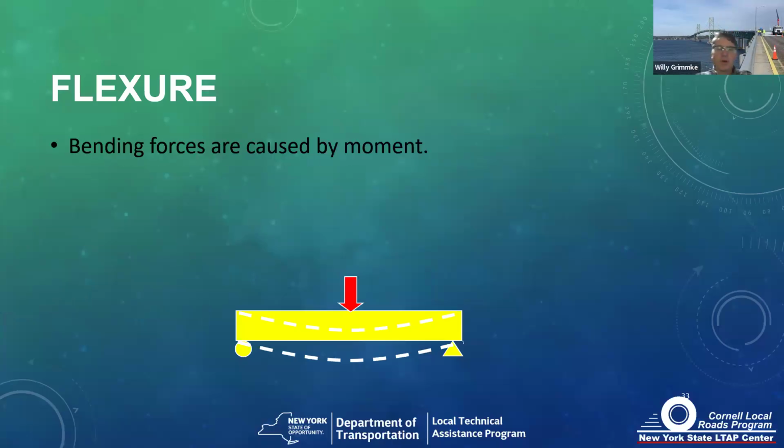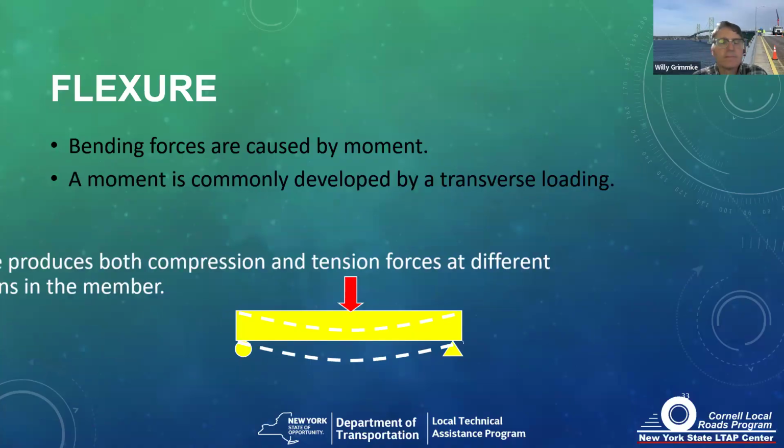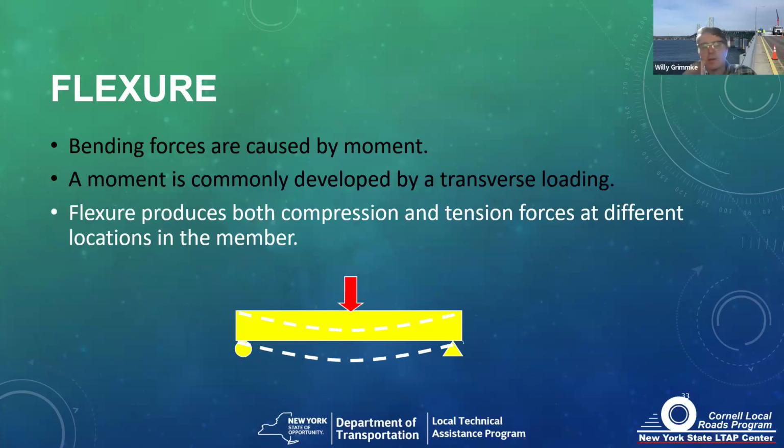Bending force is caused by a moment, and it's transverse loading to the element. An interesting thing with flexure is you get both compression and tension forces in different locations in the member. In this particular case, in the top surface you'll get a compressive force, and in the bottom surface you'll get a tensile force.